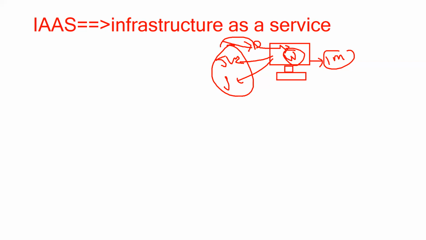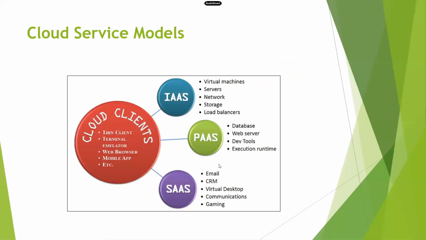Next, when I go for platform as a service, what does it mean, guys? What is platform as a service? When you go for platform as a service, here they are providing everything. You need not worry about installation and configuration management. They are providing a ready-made environment.